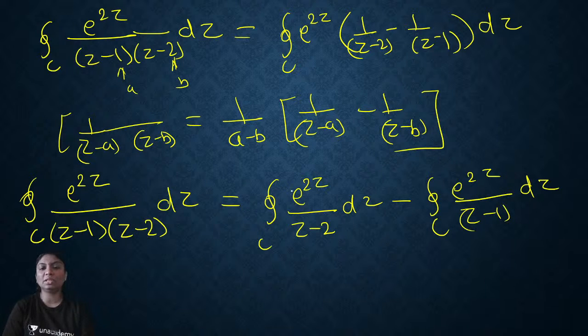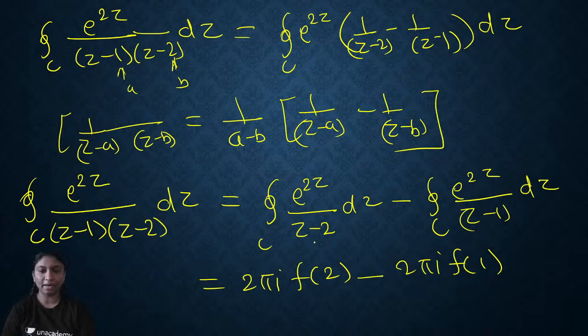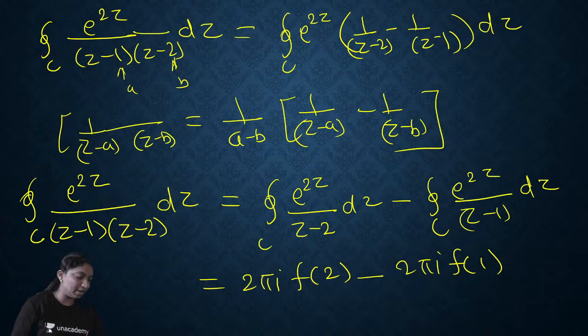For this, the integral of f of z upon (z minus a) dz is equal to 2 pi i into f of a. So we get 2 pi i into f of 2 minus 2 pi i into f of 1.